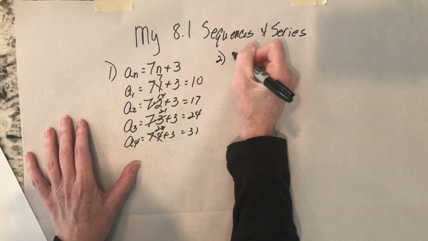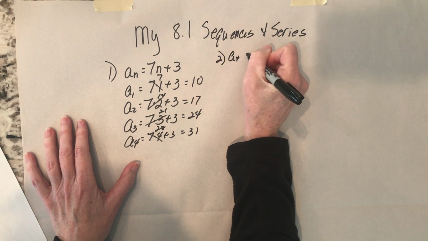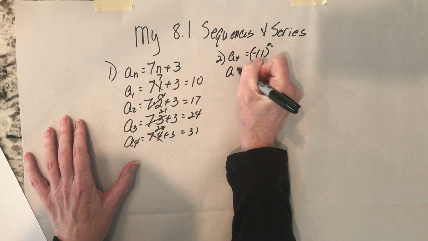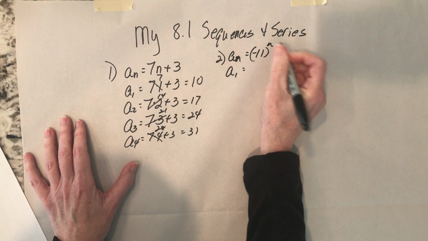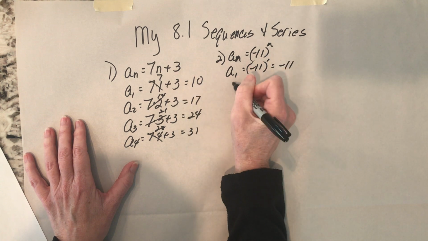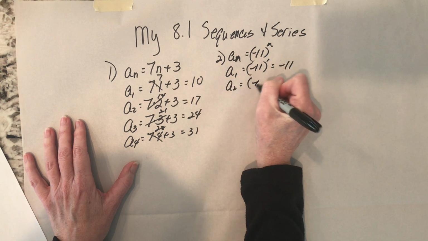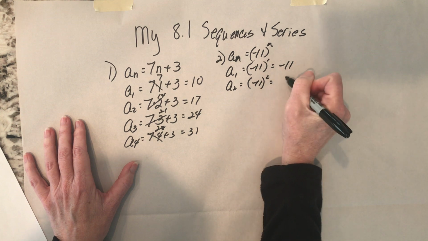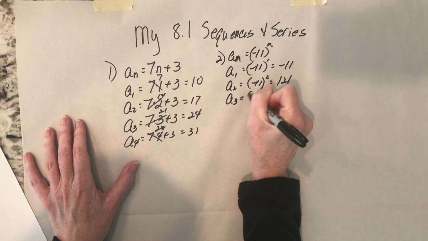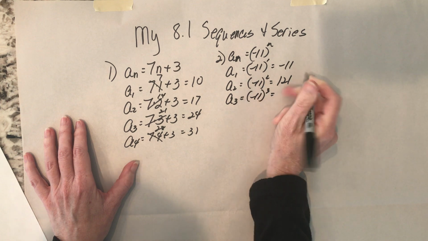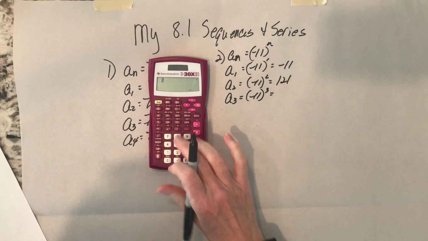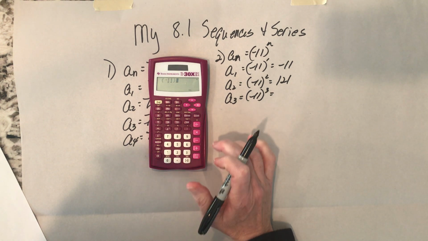Number 2, same thing. Let's come up with the first 4 terms here. Negative 11 to the n power. So a sub 1 will be negative 11 to the first power, which is just negative 11. A sub 2 is negative 11 to the second power, which is 121. A sub 3 is negative 11 to the third power. Use your calculator. Be sure you're putting negative 11 in parentheses.